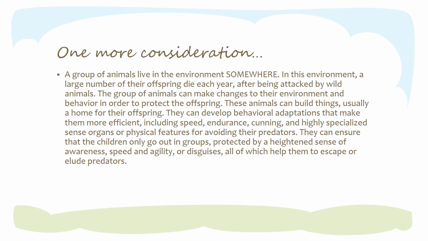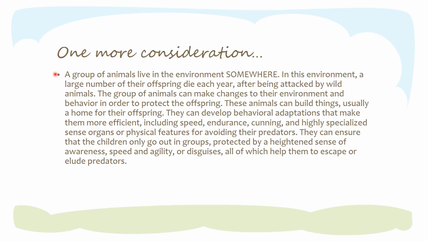One more consideration. A group of animals live in the environment somewhere. In this environment, a large number of their offspring die each year after being attacked by wild animals. The group of animals can make changes to their environment and behavior in order to protect the offspring. These animals can build things, usually a home for their offspring.